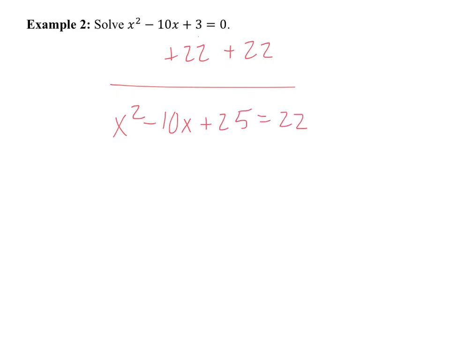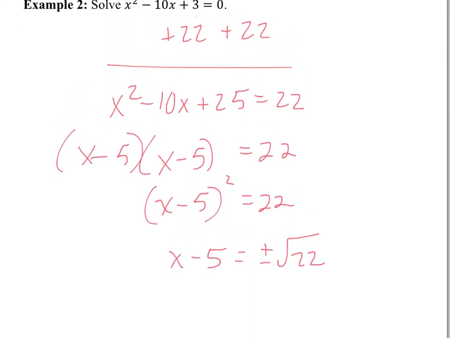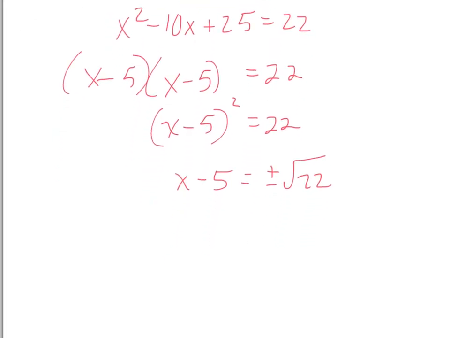And now, as Ben discovered for us, we have something that can be factored into the square of a sum, or the square of a difference. Okay, so this is clearly x minus 5, x minus 5. 22 cannot be broken down further, so it's not even worth going anywhere with that.